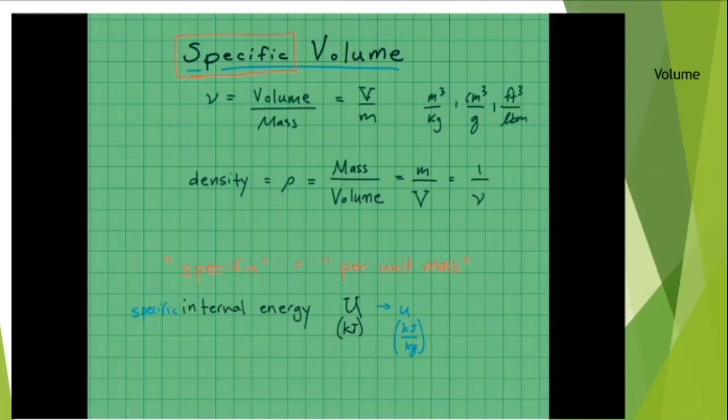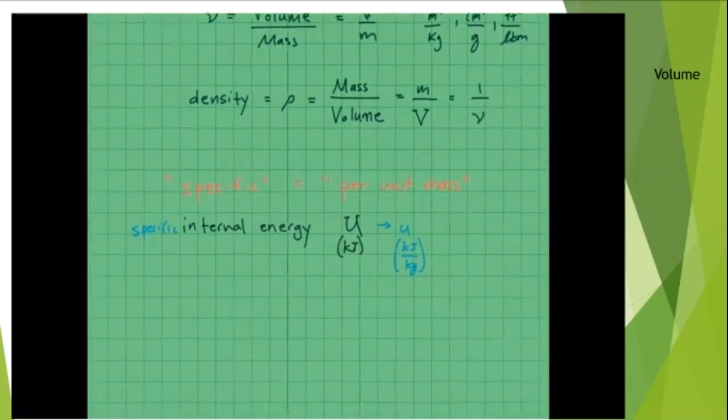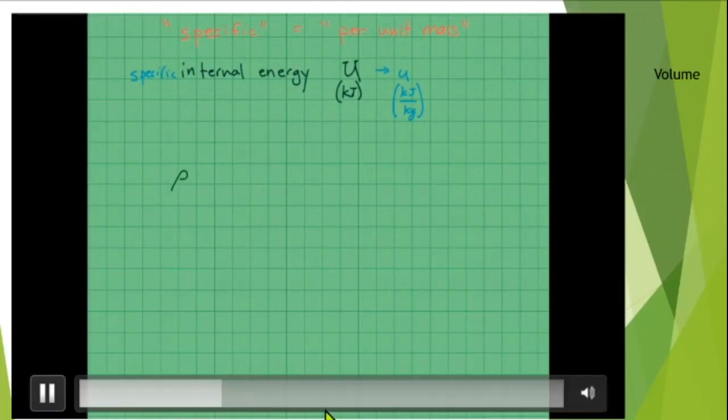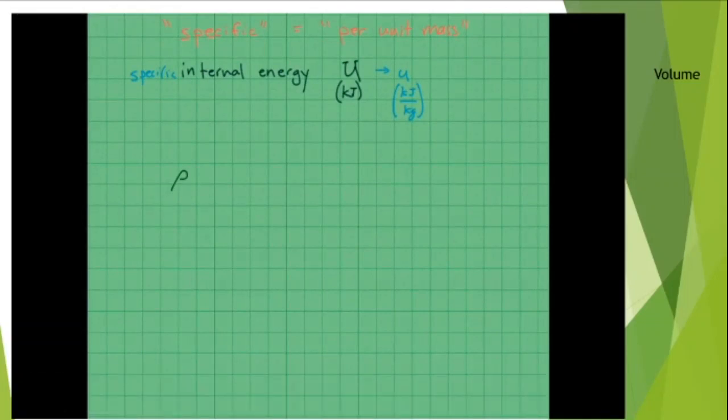So why is a property like specific volume useful in thermodynamics? Let's see. We looked at another example where we said the density of water is approximately 1,000 kilograms per meter cubed. And it's important to note, this is liquid water. And we want to compare that with the density of solid water, or ice, which we'll say is approximately 920 kilograms per meter cubed.